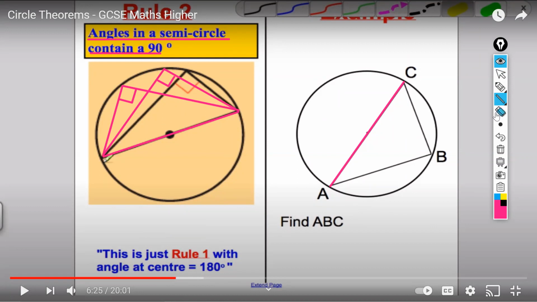Cool. So yes, guys. So if we have 2 lines, just like what we see here, anywhere you draw those 2 lines, guys, it's going to have a 90-degree angle everywhere. And it's very common. It's really easy to see and pick up. If you have a diameter here and you have lines like this, it's going to be 90 degrees. Cool.